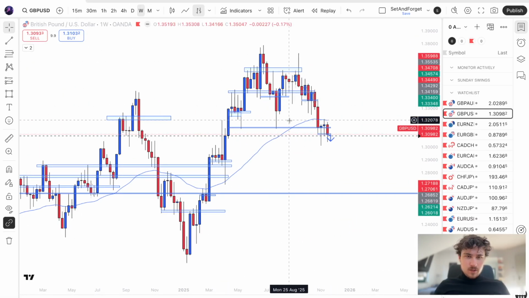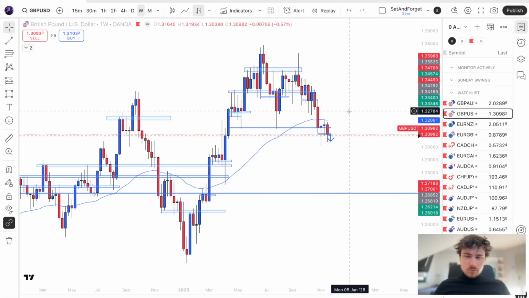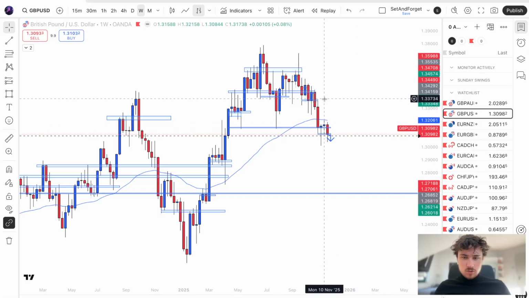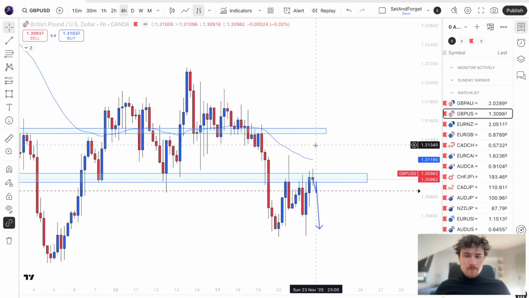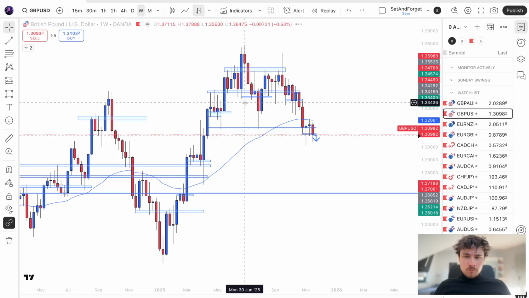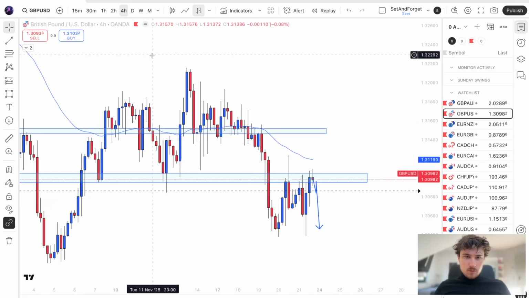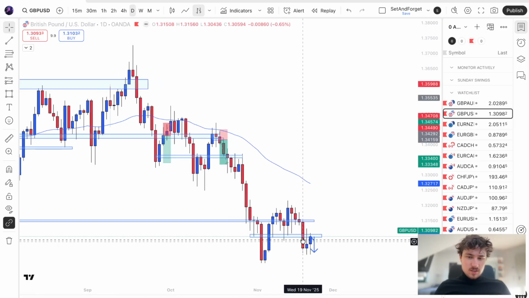GBPUSD, pretty much the same. On the weekly, we have the EMA again. We have a bearish engulfing after these two small bullish dojis. On the 4 hour, we also have the EMA, we have this doji. On the daily, we also have this failed morning star.